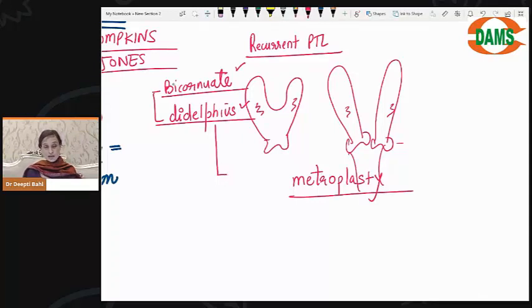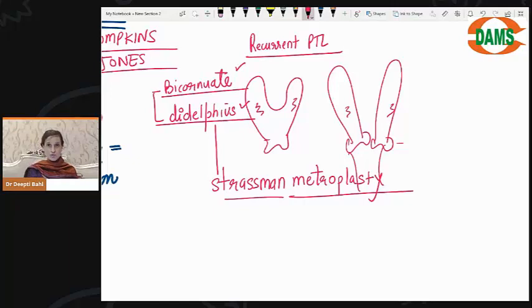The person who gave it was Strassman. So we call it a Strassman metroplasty, named after the surgeon who gave it.